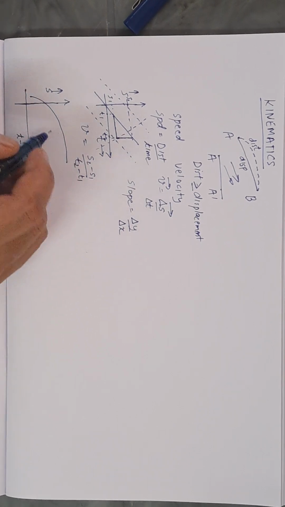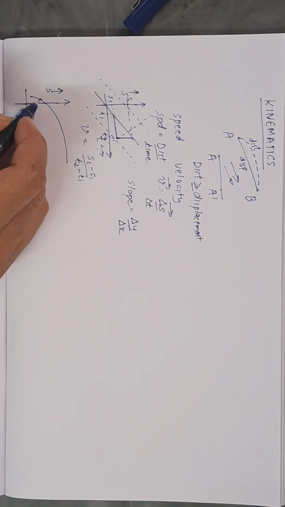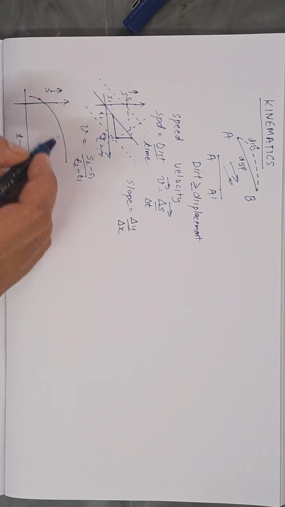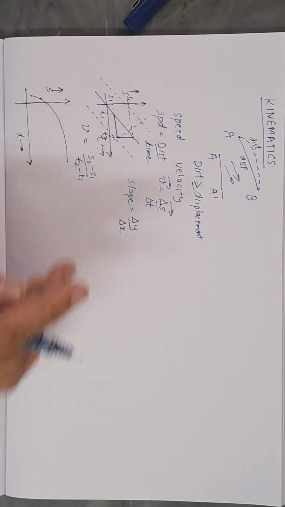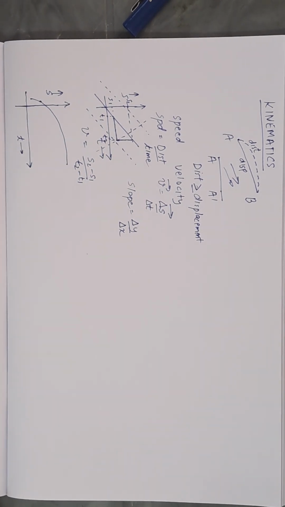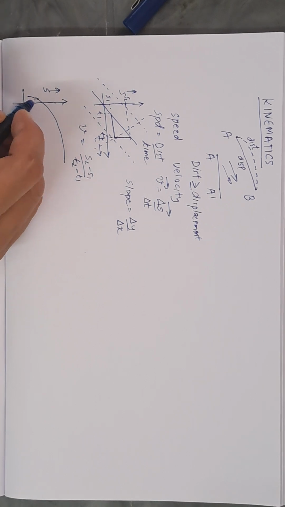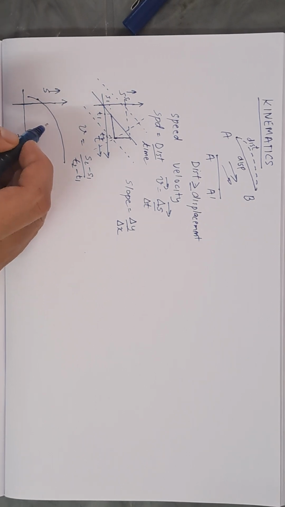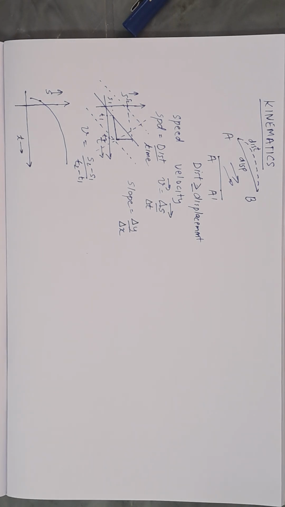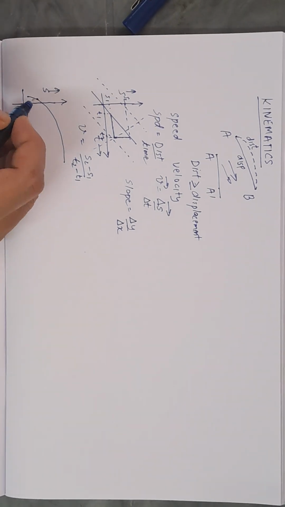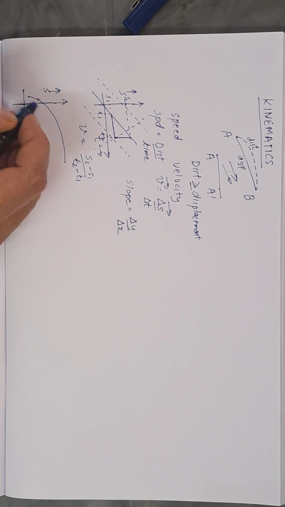Now why will it be a curve? This is not the only curve that's possible for a particle which has a continuously changing velocity. It can be any sort of curve, and the reason that it will be a curve is that a curve will have different slopes at different points, right? If you take this point, it will have a different slope.